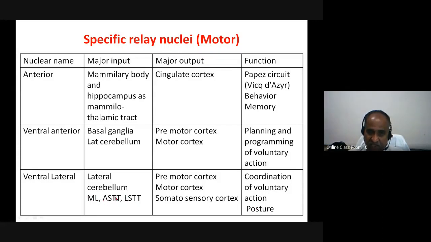These sensations reach and go to the premotor cortex, motor cortex, and somatosensory cortex, where they modify, especially the conscious part of the proprioception. It performs a coordination of the voluntary action, because the ventral anterior nucleus is planning and programming, and here it is connected with the lateral cerebellum. It is coordination of the voluntary action, along with the posture.